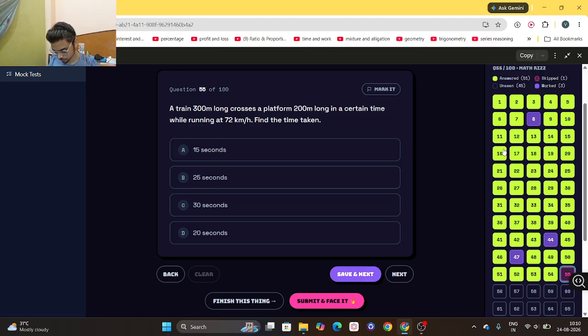Total distance 500 meters. 500 upon 20, 25 seconds.